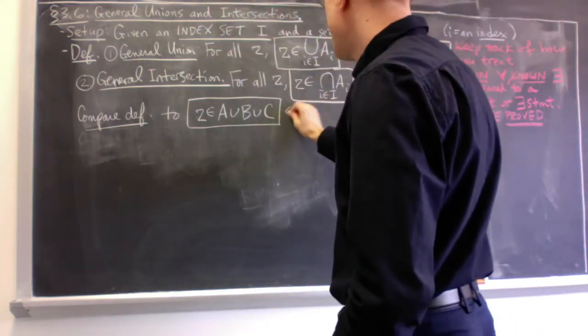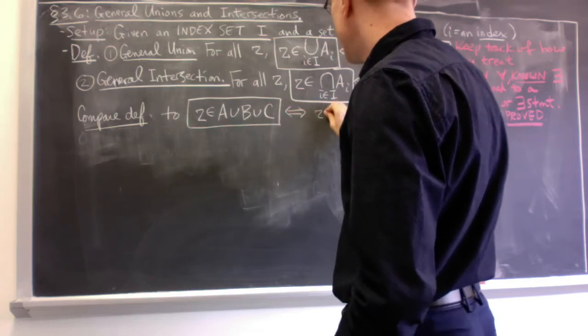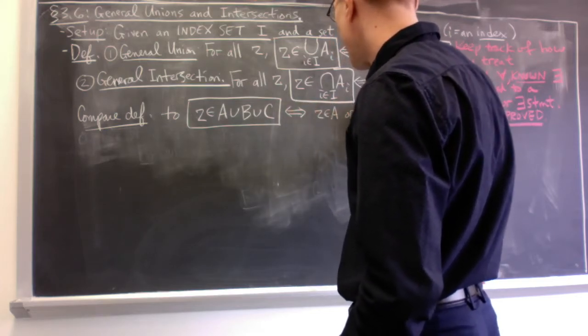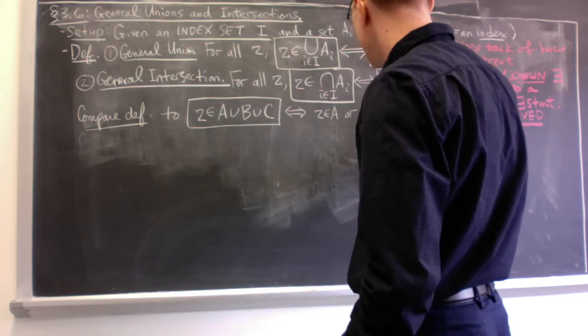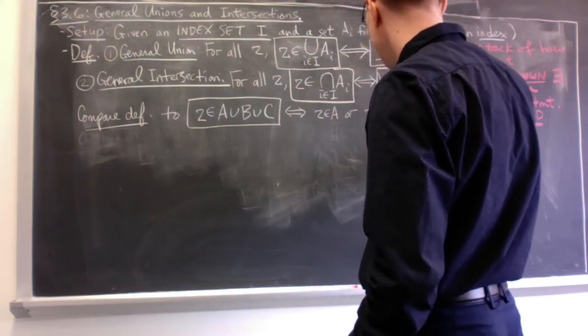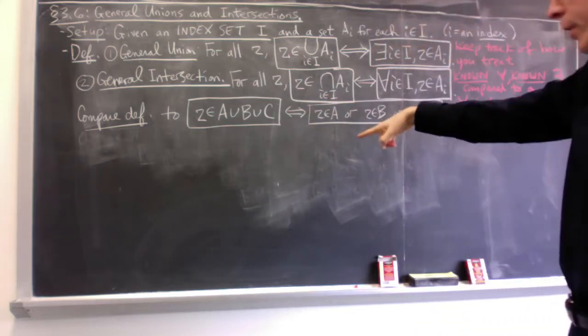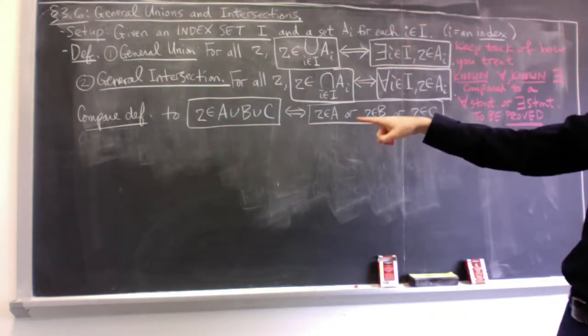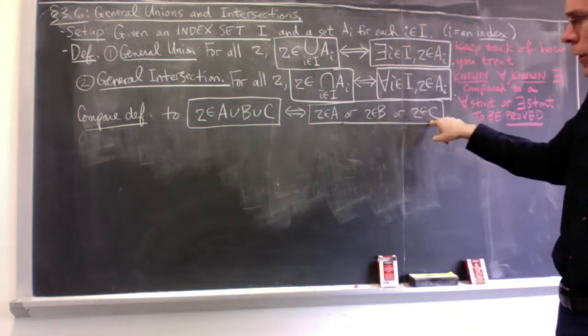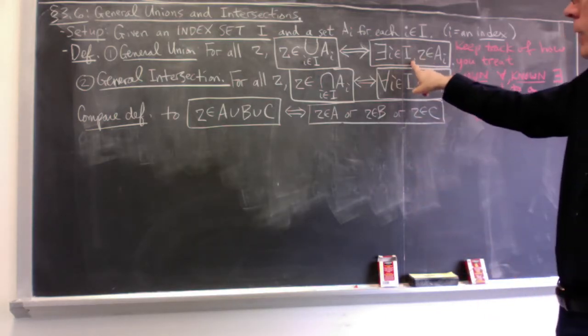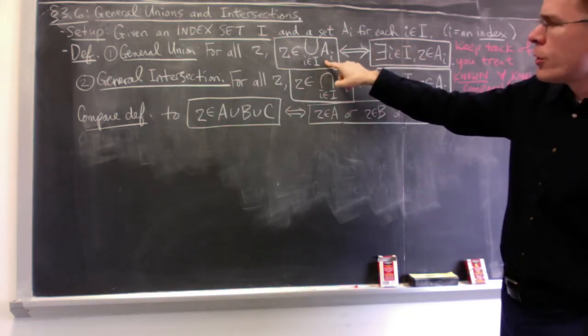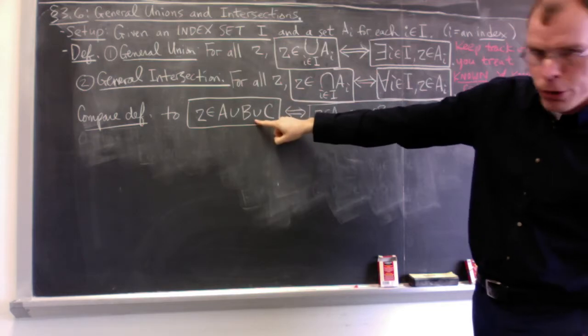Well, what did that mean? It meant that Z was a member of A, or Z is a member of B, or Z is a member of C, inclusive or. In other words, Z had to belong to at least one of the 3 sets going in. That's exactly what's happening up here, except if there's infinitely many sets, you don't have room to write them all.